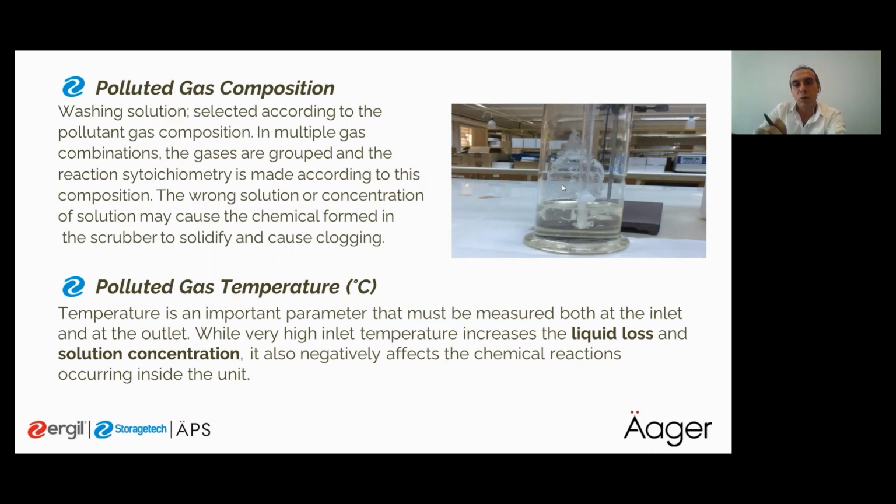We have to define the gas composition correctly. Otherwise, if you select just one type of gas, cloggage can occur in the scrubber, and if clogging occurs, the scrubber cannot work.